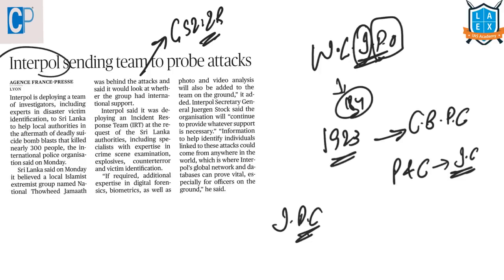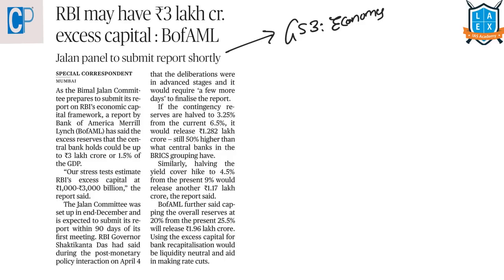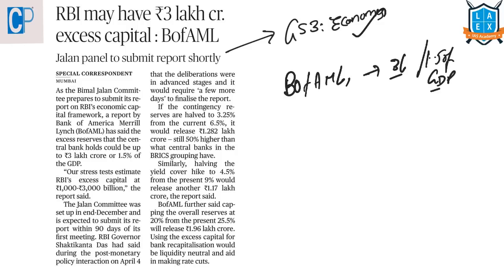The next article is RBI may have 3 lakh crore excess capital. This article comes under GS paper 3 under the topic of economy. In a report released by Bank of America Merrill Lynch, the RBI can hold reserves up to 3 lakh crore or 1.5% of our Indian GDP.